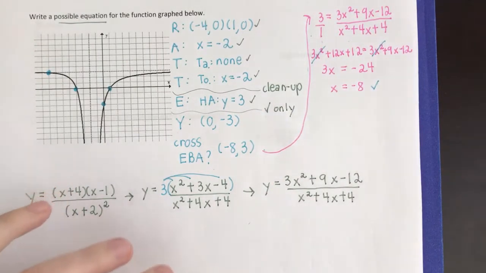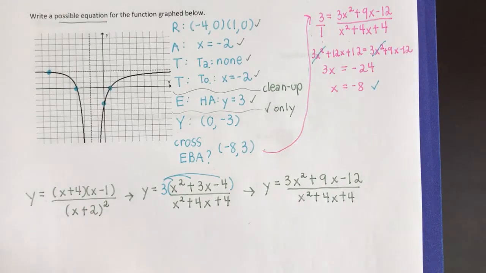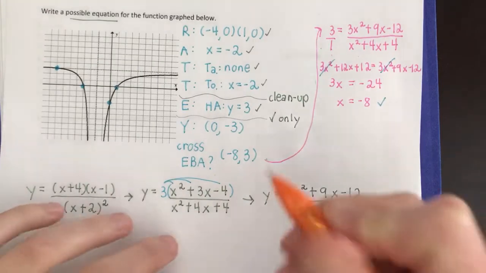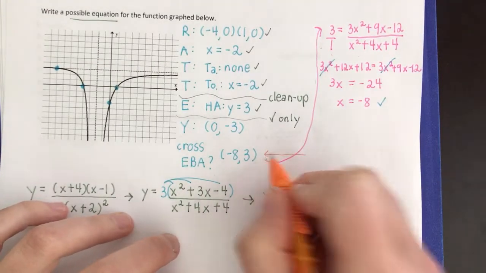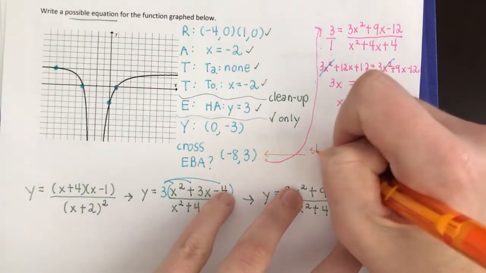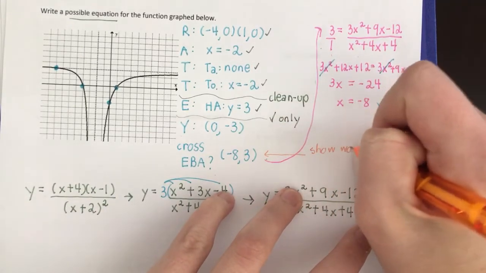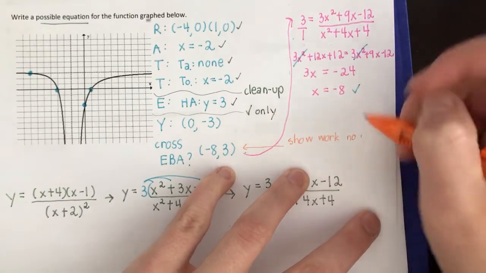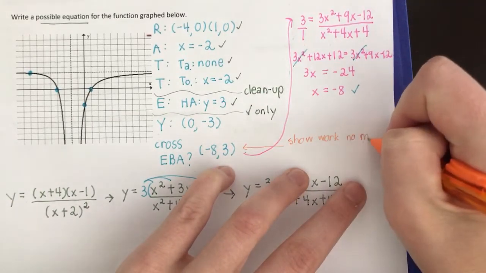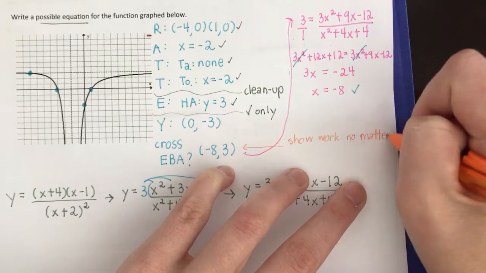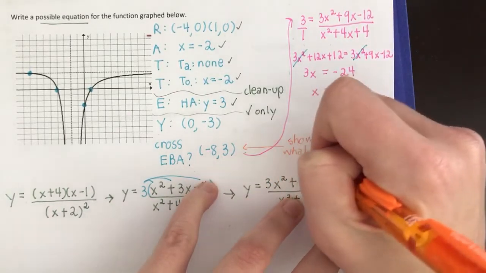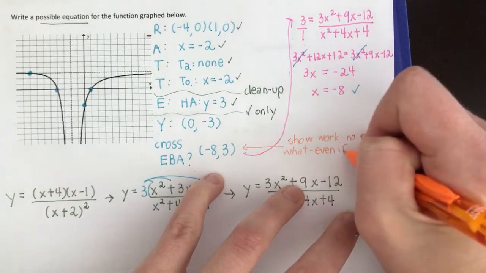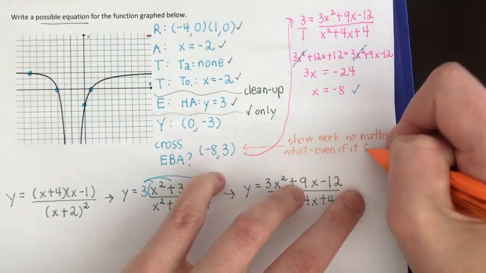So here are some notes to finish today off a tad. For this part, I'm going to use orange because I want you to remember this. Show work for the checking no matter what, even if it fails.